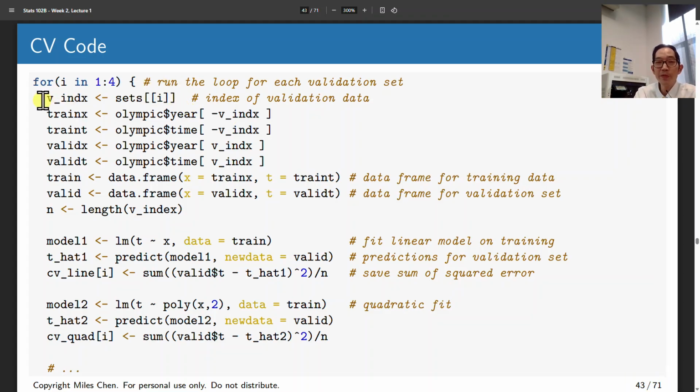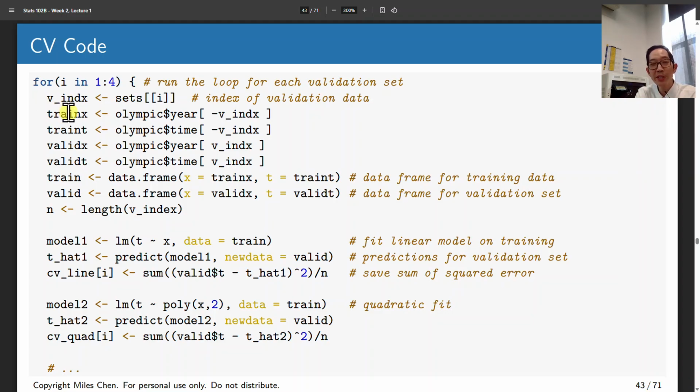So the v index is going to be the index of my validation set. So let's say it's observation 15, out of 28. Let's say it's observation 10, 13, 17. I don't know. You list off 7 data points, right? So those are going to be the ones that will be in my validation set.